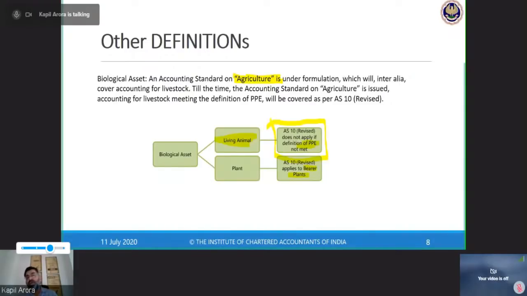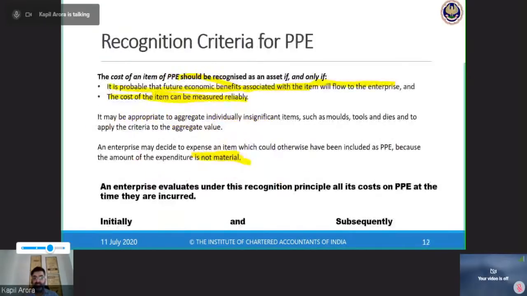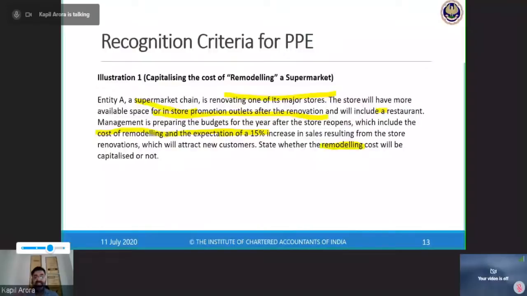Some items are not going to be treated under this AS10, which are living animals that do not meet the definition of property, plant and equipment, or plants other than bearer plants. If those are there, we can keep them as a separate asset, not as property, plant and equipment.